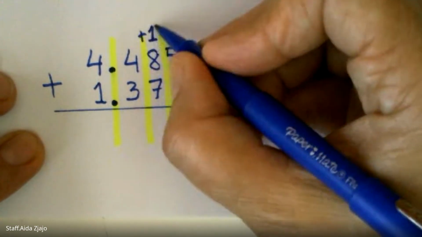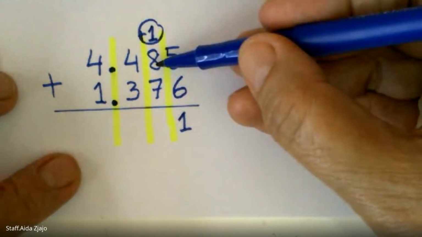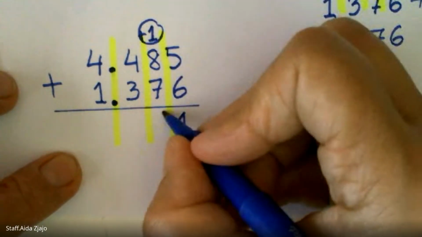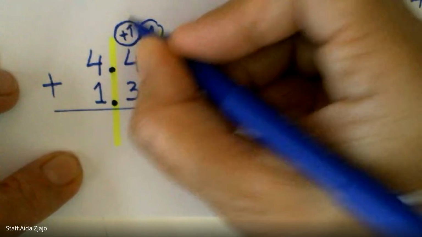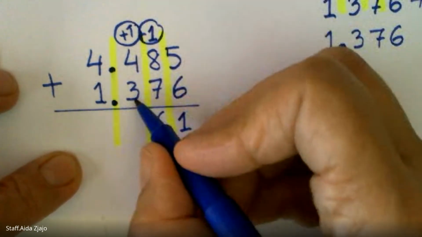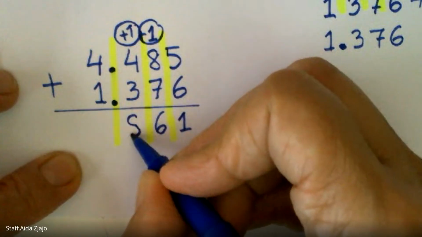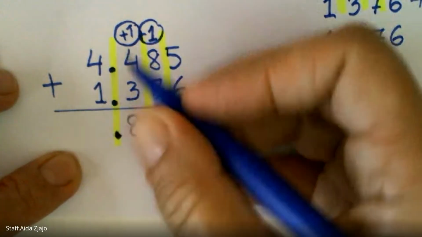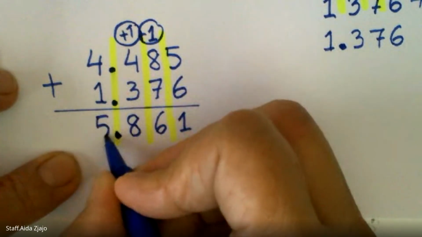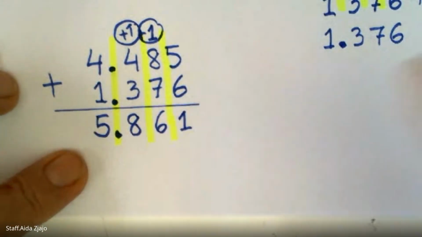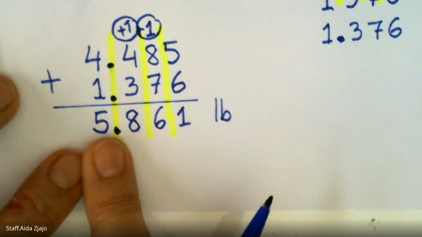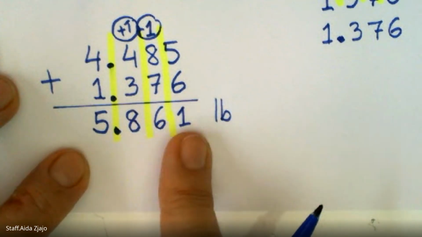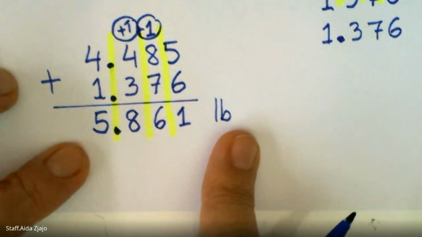So plus 8 and 1 is 9, plus 7 is 16. Again, we made a tenth. So 1 plus 4 is 5, plus 3 is 8. And decimal point and 4. So right now we know this is 5 whole pounds and 861 thousandths of the pound.